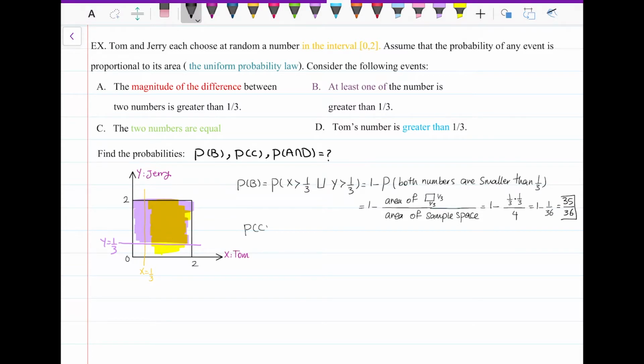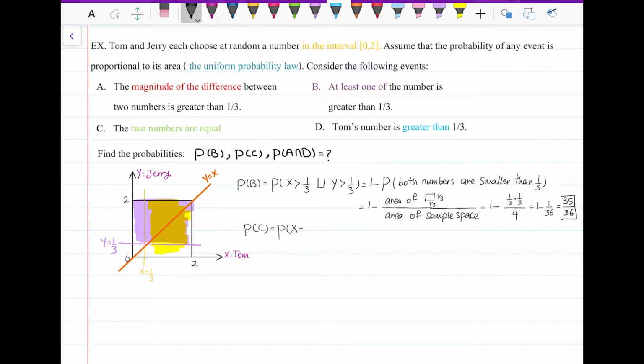Now, the probability of C. What is the event C? The event C is when the two numbers are equal. When the two numbers are equal, I'm just on the line y equals x.